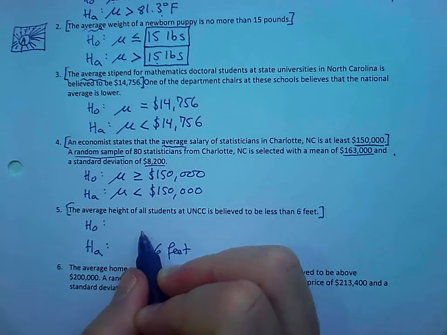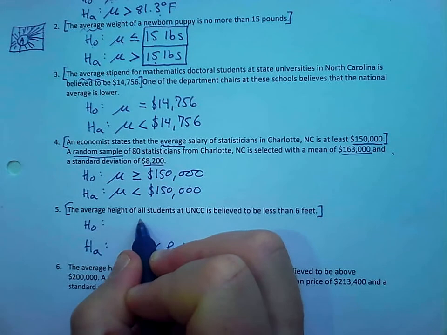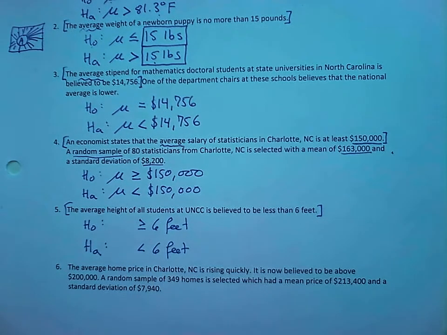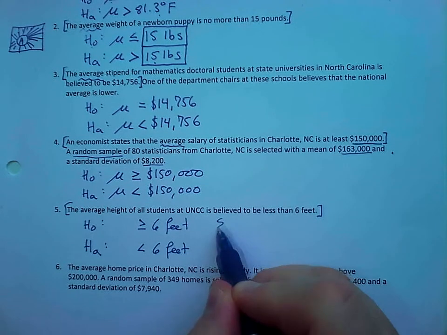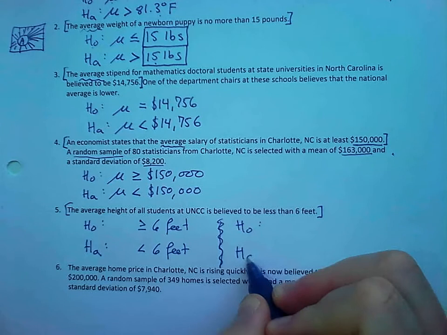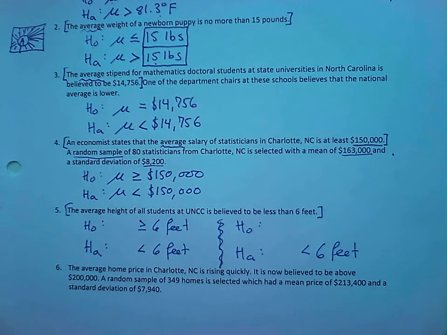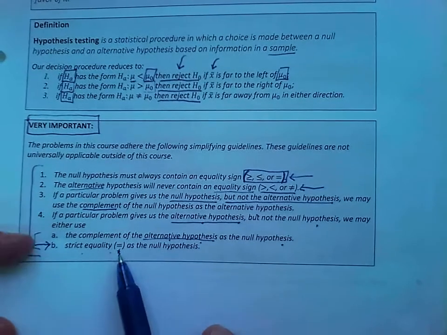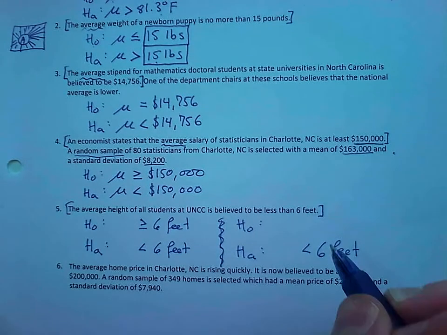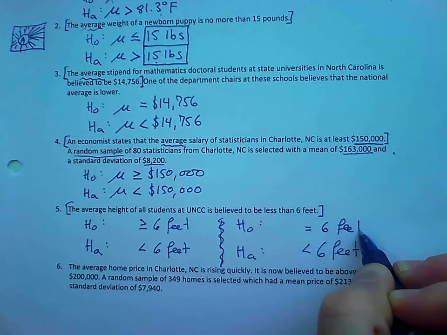So therefore, we can either use the complement as the null hypothesis, and the complement of strictly less than is greater than or equal to 6 feet. Again, these numbers must be the same. Or for B, it's telling us that we can also use equals as the null hypothesis. So therefore, this can be equals to 6 feet.